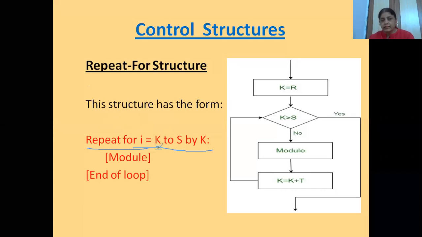And the test condition is k to s, which means the loop will go from k to s. Like this will go from 0 to 10. So 0 is your initial condition. Here we call it the lower bound in an array, the first element.